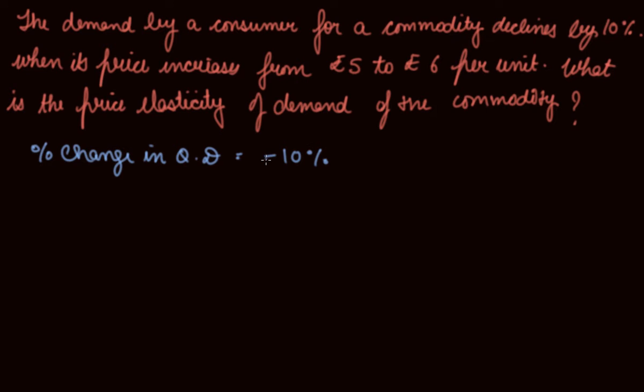When its price rise from 5 to 6, the initial price, P, not P1, P is ₹5, P1 is ₹6, so your change in price is given 6 minus 5 means 1.